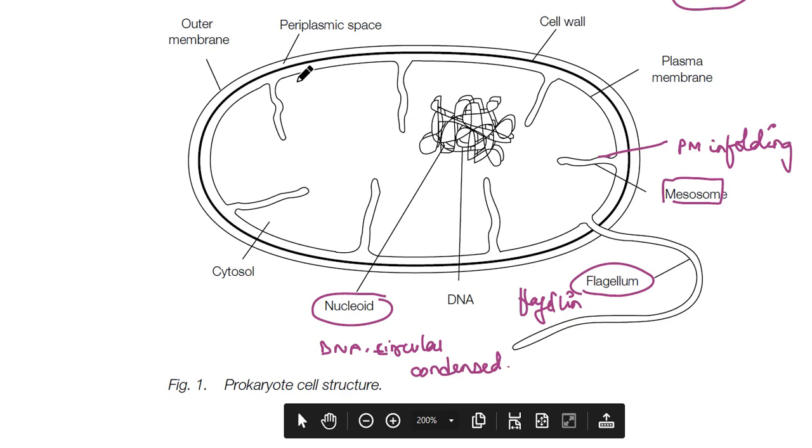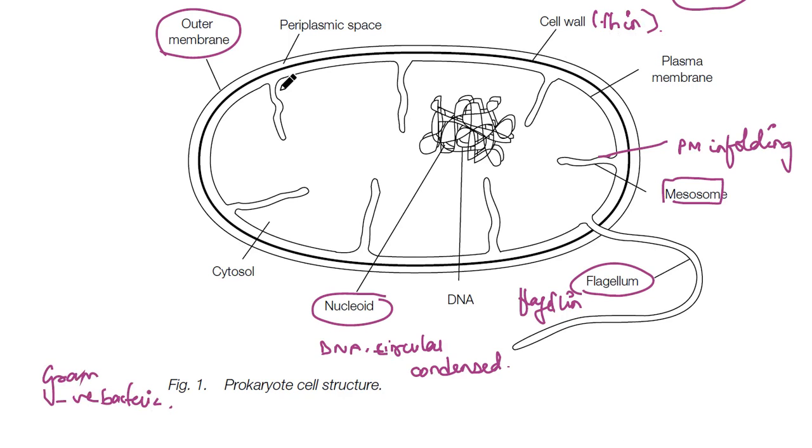And the space between the outer membrane... when an outer membrane is present, which kind of bacteria is this? This is gram-negative bacteria, which have an outer membrane and a thin cell wall, and the space between the outer membrane and the cell wall is the periplasmic space. Clear?